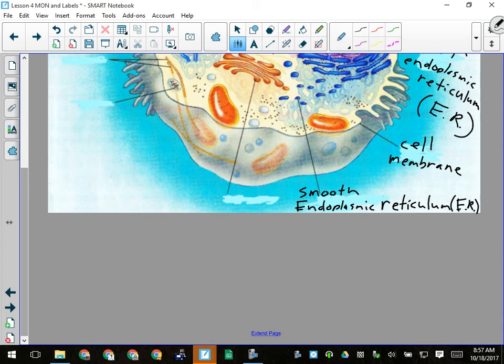The rough endoplasmic reticulum transports proteins. That's why it's covered with ribosomes. They can quickly transport the proteins the ribosomes make. Since the smooth ER doesn't have any ribosomes on it, that's not its job.